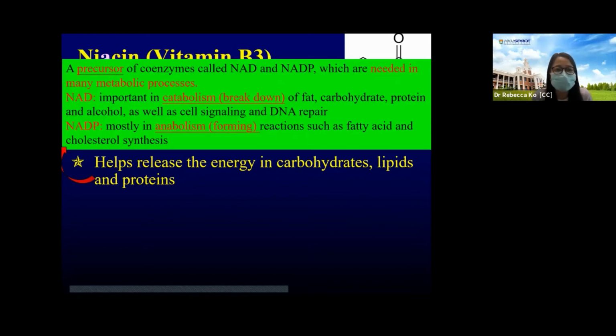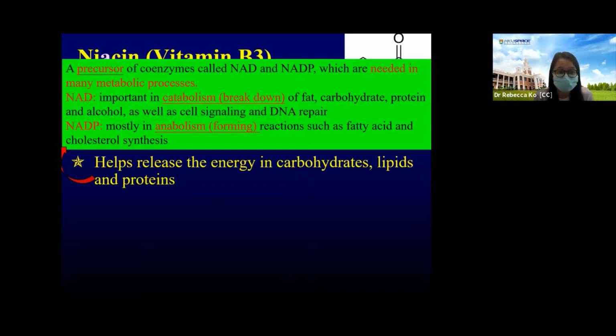It's a precursor of the coenzymes called NAD and NADP. We need that in many metabolic processes. NAD is important in the catabolism of fats, carbohydrates, and proteins. That is the breaking down of carbohydrates, fats, and proteins, as well as cell signaling and DNA repair.